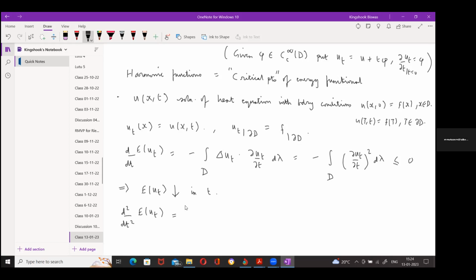So when I differentiate again, I'll get minus 2 times the integral over D, and then I have to differentiate this. So I'll get del u_t/del t times del/del t of del u_t/del t, but del u_t/del t I can write as Laplacian u_t, right?